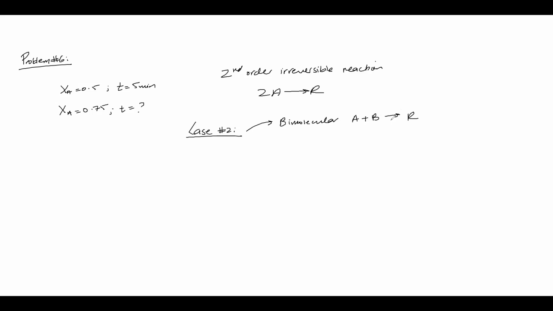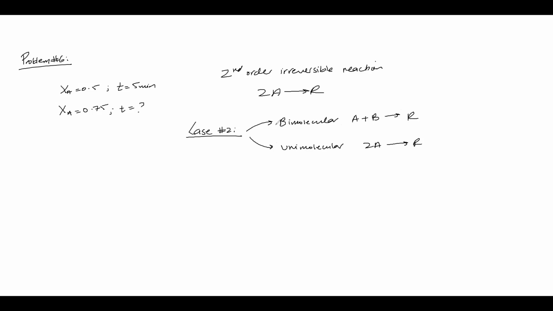This is a second order irreversible reaction. And the other case is unimolecular, which is 2A goes to R. They're both second order irreversible. However, they have distinctly different equations, right?